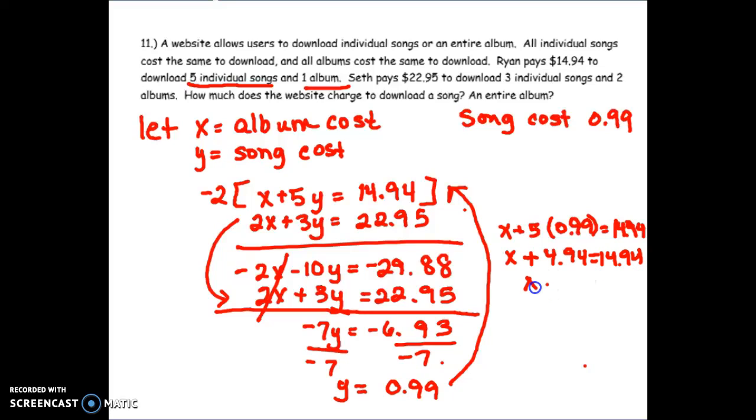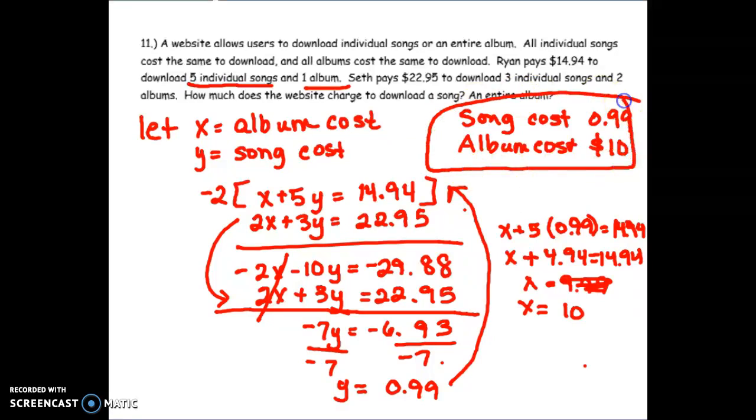And then our X is actually going to be equal to $9.99. So the album cost, okay, or $10. Actually, that looks like it's $10. So when we subtract $4.94 from both sides, we end up with X is equal to $10. So $10. Okay, hope this helped, guys.